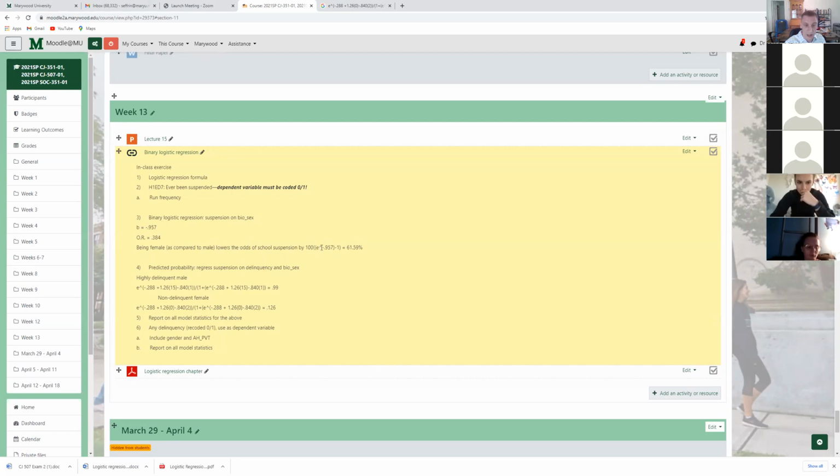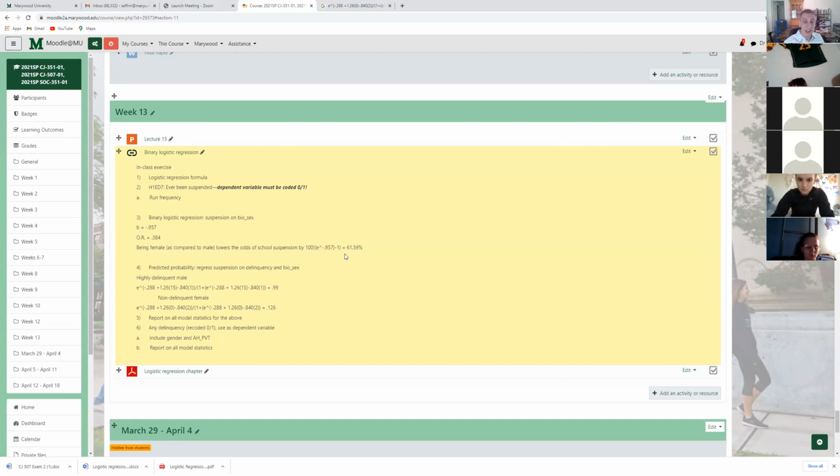You put this little symbol after the constant E, and then that is subtracted from 1 and multiplied by 100. That gives you this value of 61.59.